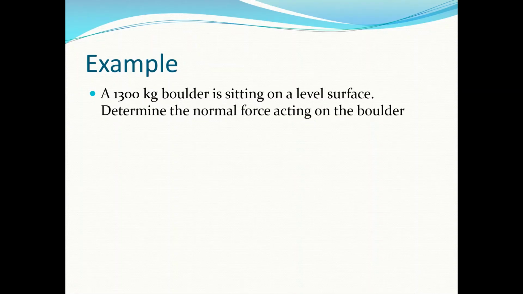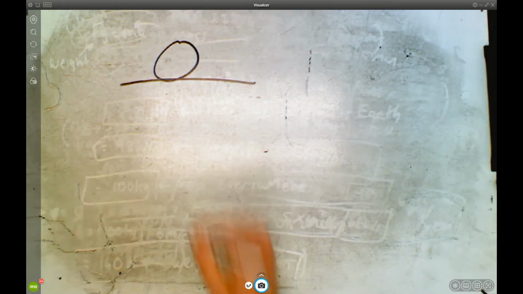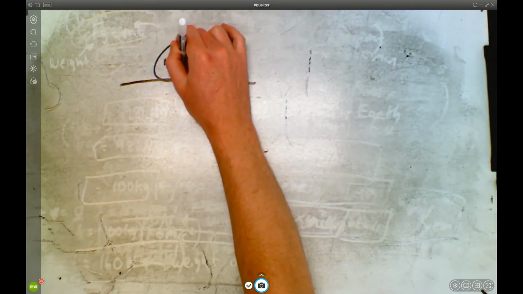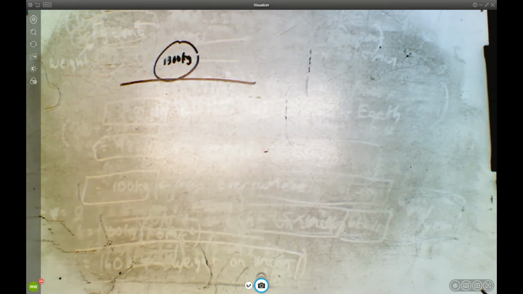So let's do an example here. We have a 1,300 kilogram boulder sitting on a level surface. Determine the normal force acting on that boulder. So let's draw a free body diagram. Anytime we're trying to find forces, we should start with a free body diagram. So here's our boulder. When I draw my free body diagrams, I like to put the mass in there.